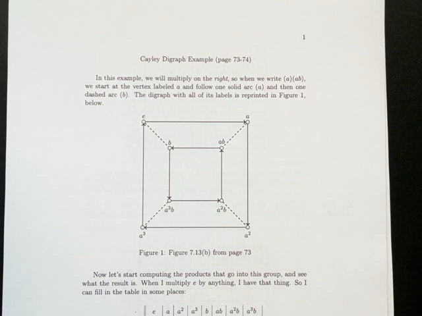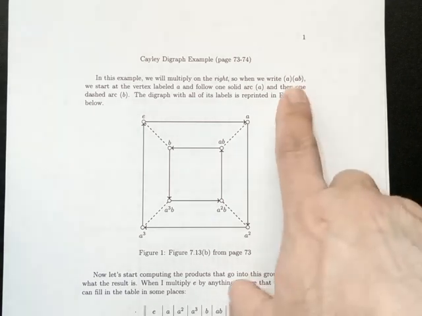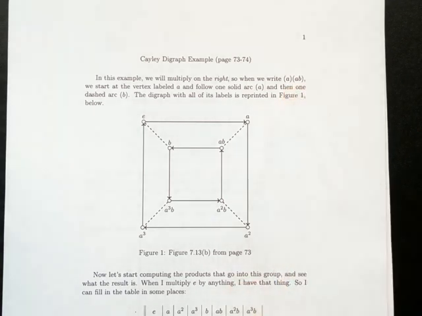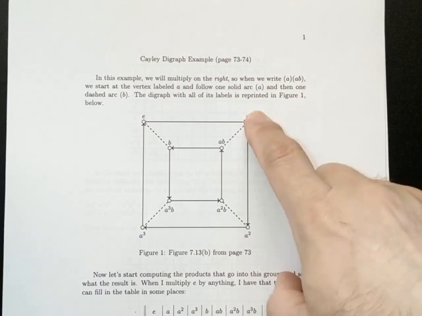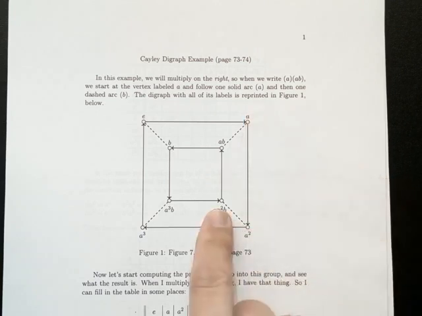So if I do A times AB, start at the vertex A, and then I do AB, which means I follow the solid arrow for A and then the dotted arrow for B. So I start at A, and I go AB, and I end up here. So A times AB is A squared B. That makes perfect sense, doesn't it?